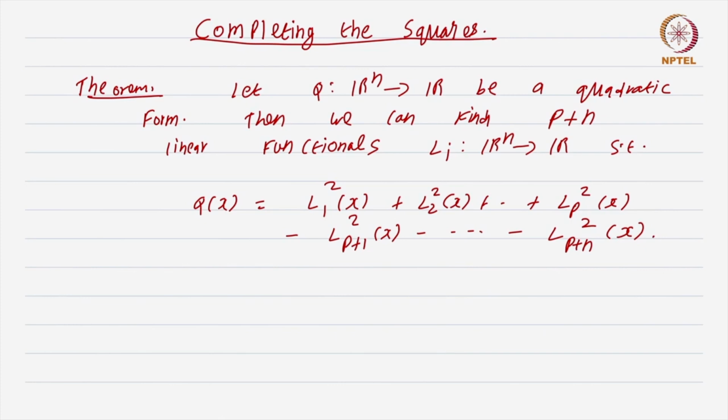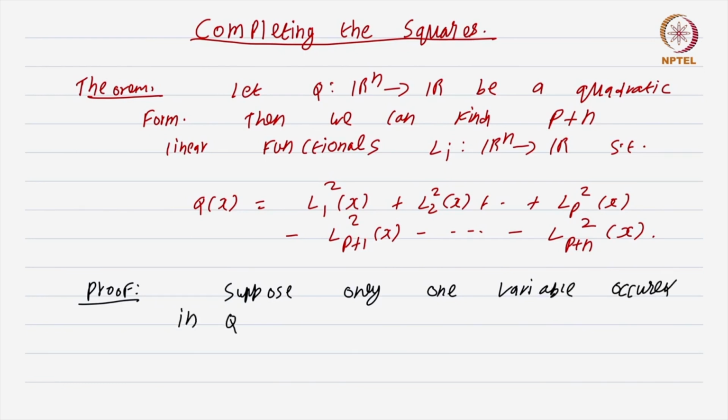The proof, as I said, depends on a completion of squares. So the formal proof proceeds by induction on the number of variables that occur in Q. So suppose only one variable occurred in Q. In that case, Q of x has got to be plus or minus ai xi squared, for some i from 1 to n.